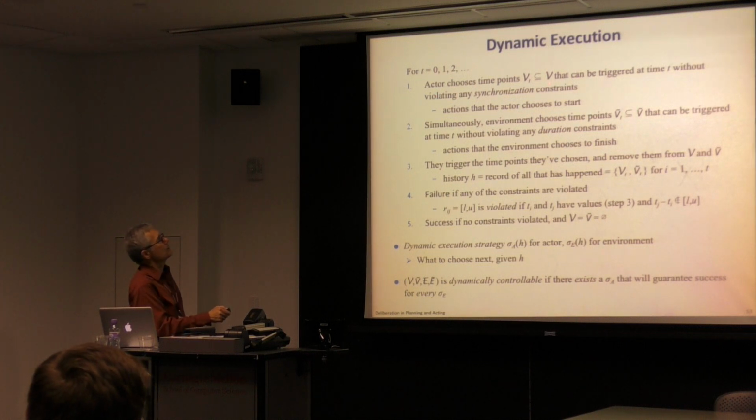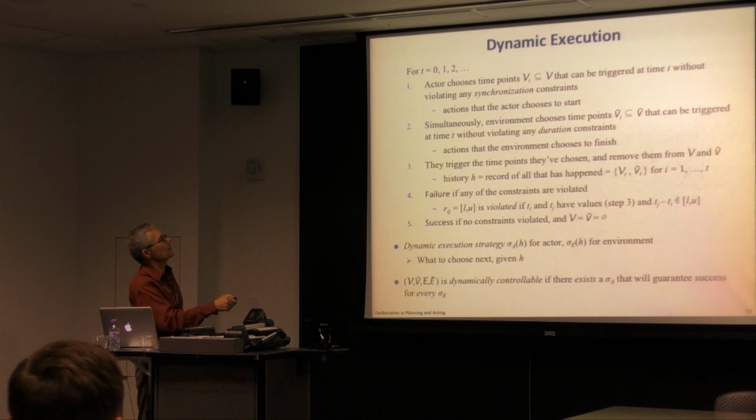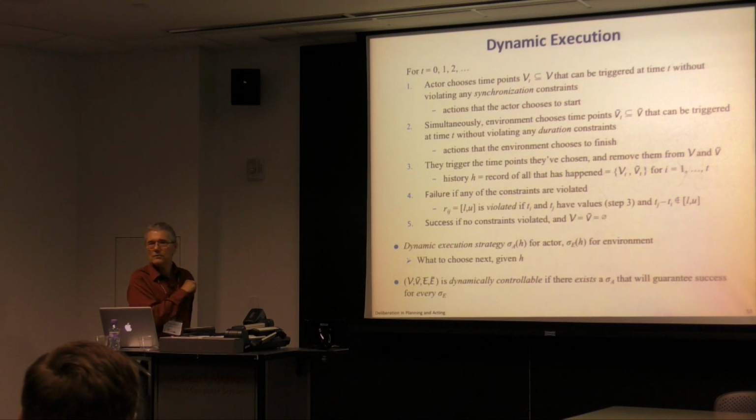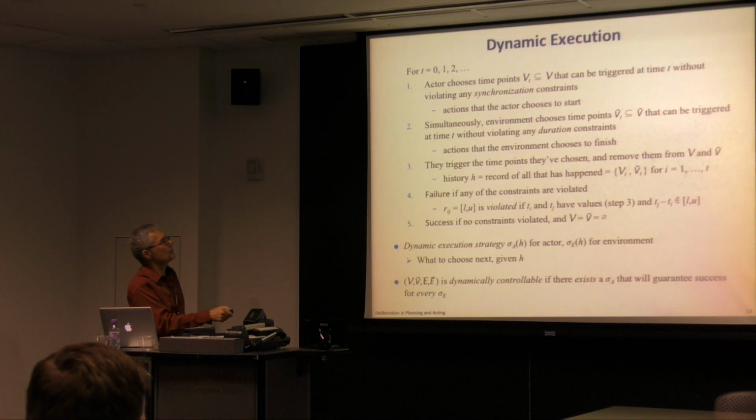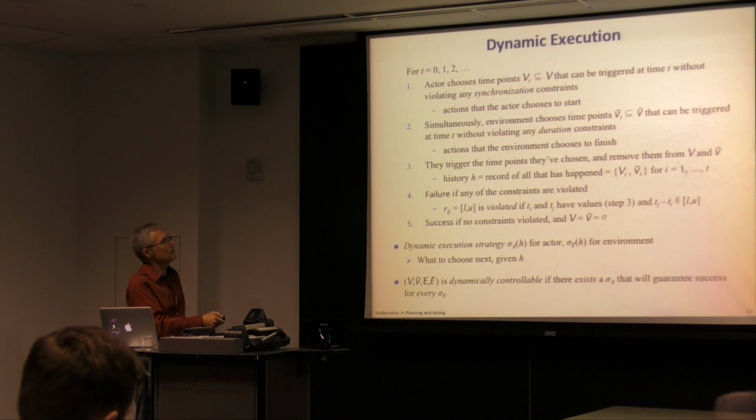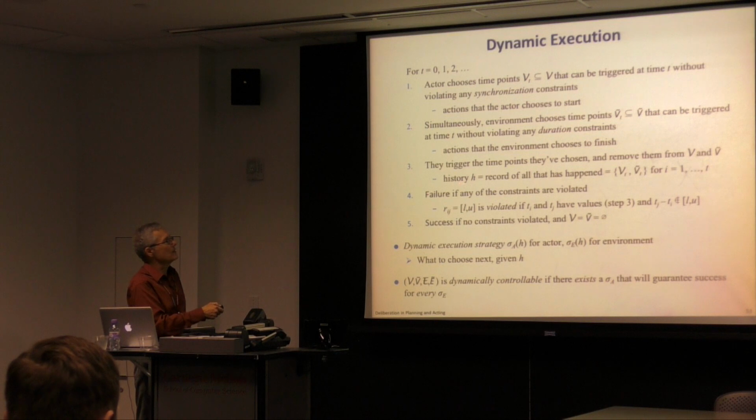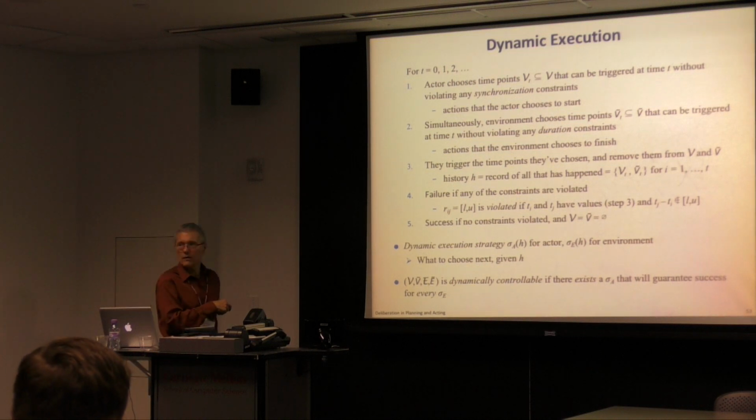Here's the way the game works. You choose time points that you can trigger at time t without violating any synchronization constraints. Simultaneously, the environment chooses time points that can be triggered without violating any duration constraints. They trigger the time points, remove them from these sets. The history is a record of all that's happened. Failure occurs if any of the constraints are violated.